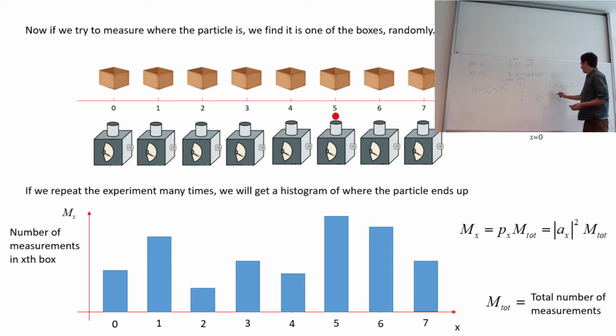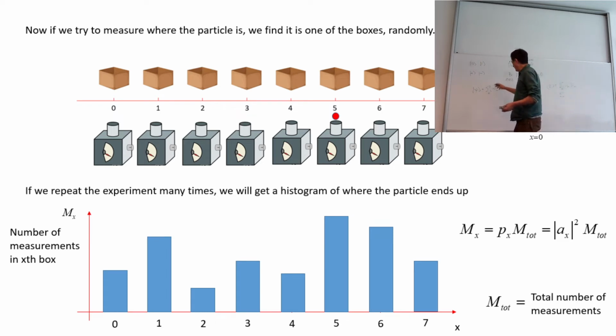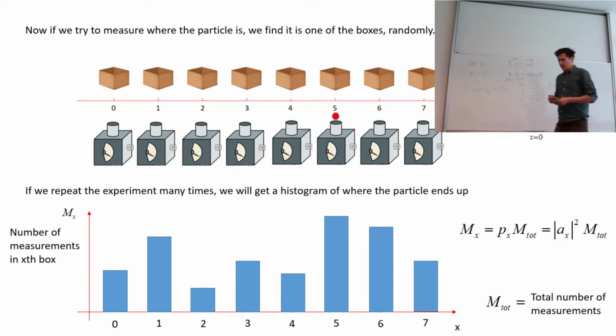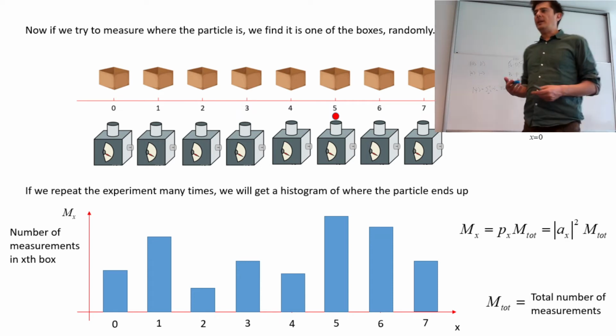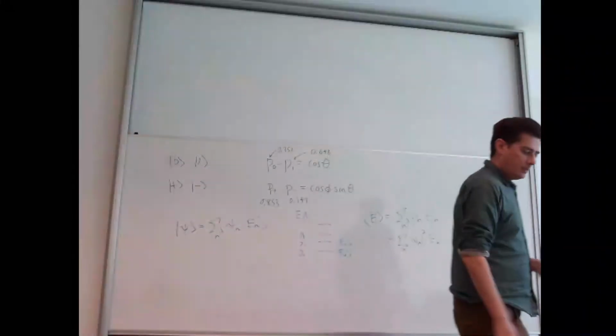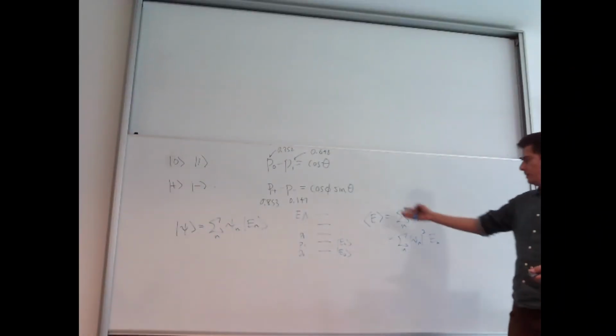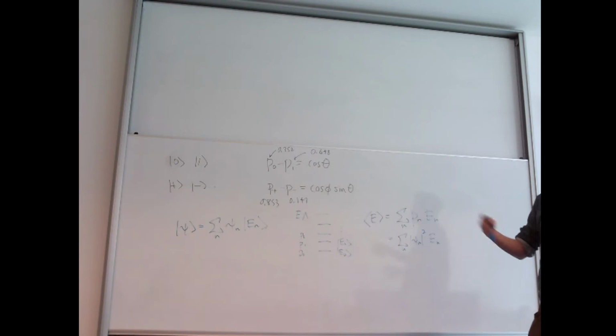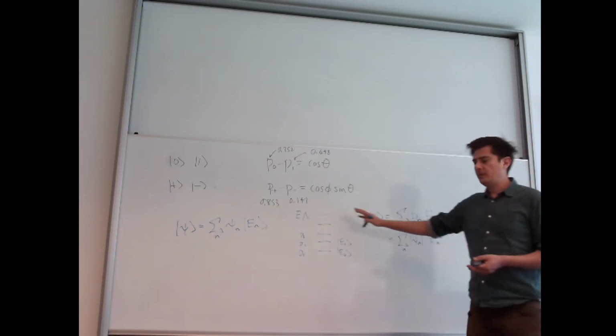And the probabilities, we know how to work out if we know the wave function, because it's just the wave function modulus squared, and that would give you the average energy. And this goes for basically any quantity. I did position, and maybe if it was momentum or something else, it would always be the same story.